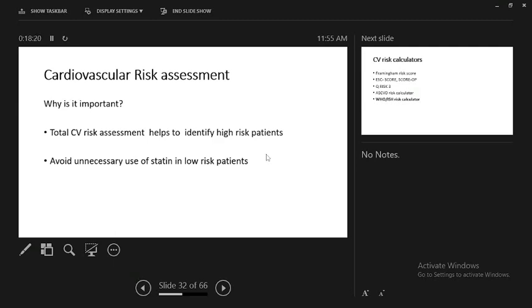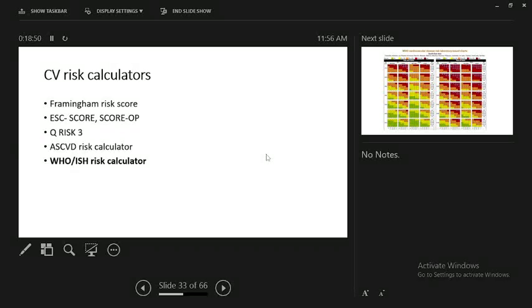Take 2 patients: a female of 50 years with LDL 130 without diabetes. If you check her CV risk, it is less than 10%. But if the patient has diabetes, the risk is definitely high. She needs statin. Because of that, you need the risk assessment to pick the patients with high CV risk, and also to avoid unnecessary use of statin in low risk patients.